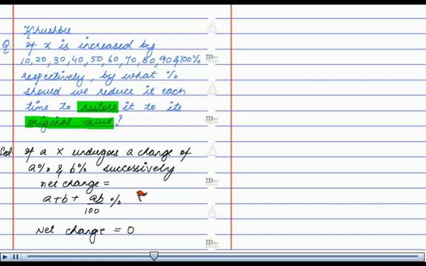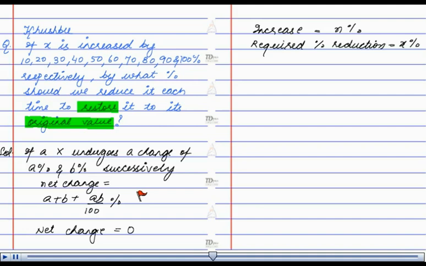is equal to 0. First of all, we try to form a generalized equation where we take the increase as n% and the required percentage reduction as x%.